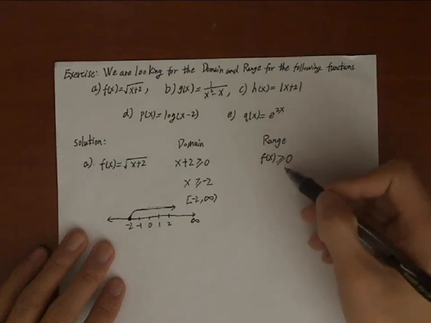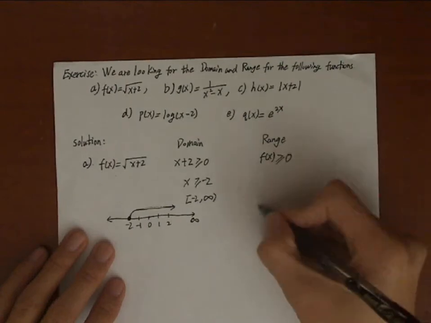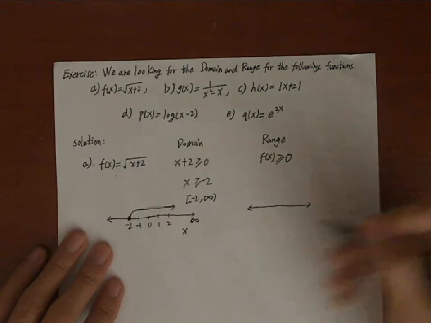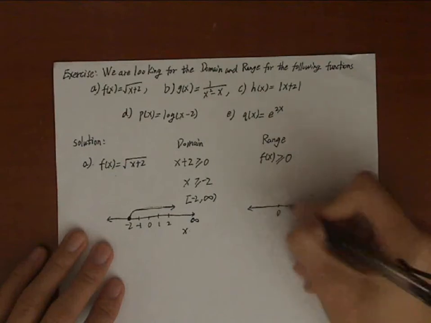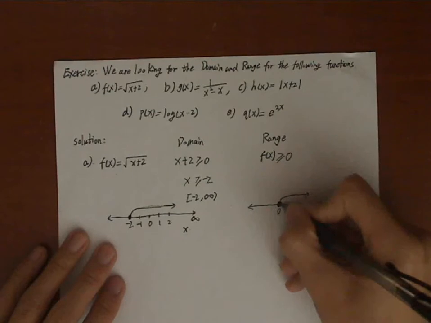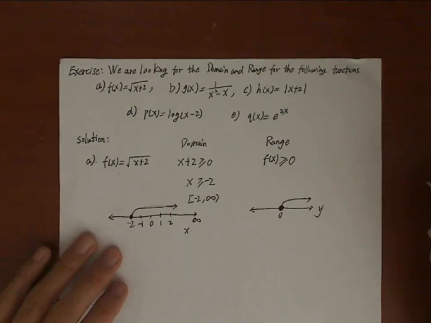If I draw a number line, this one is for x and this one is for y, with 0 right here, greater than or equal to 0, it's like that. So this is a domain and a range.